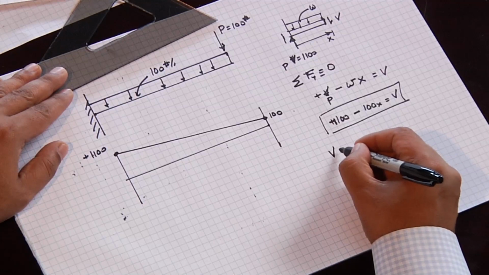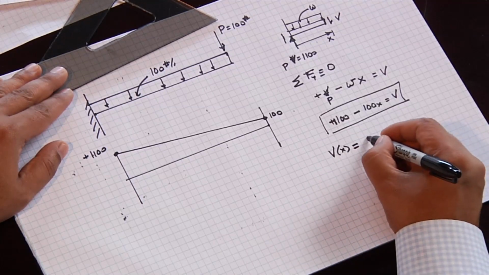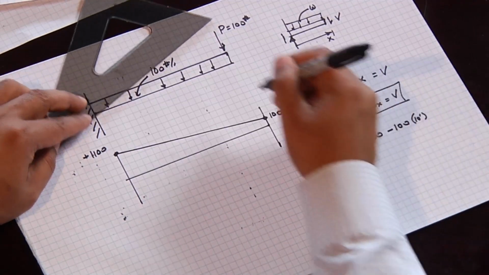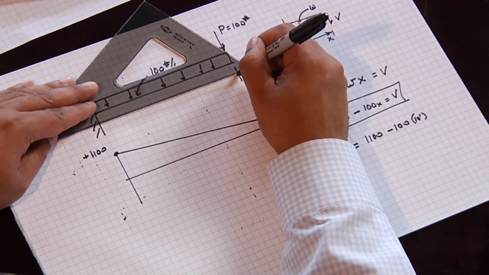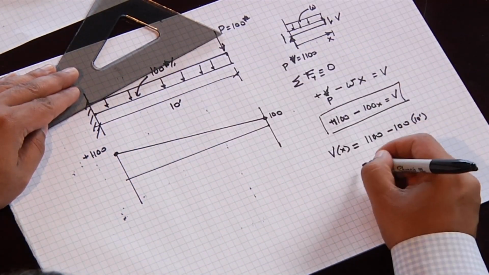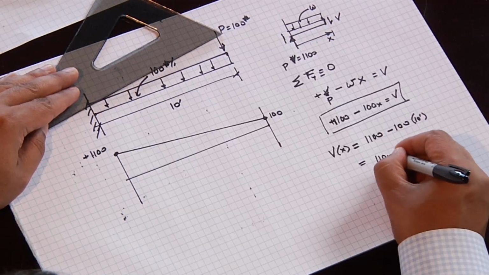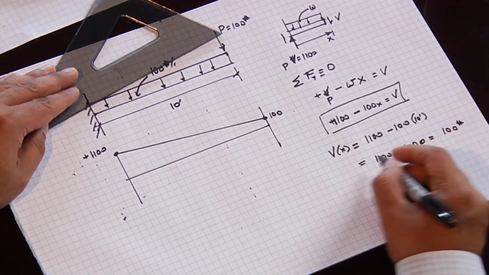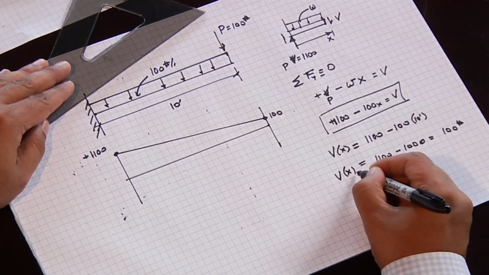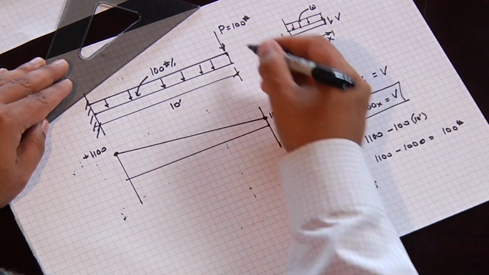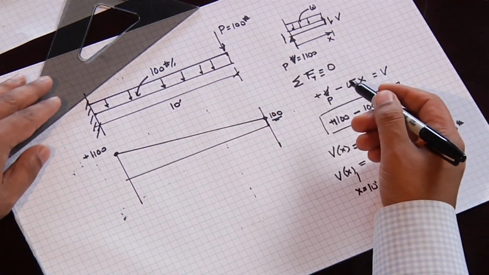And the way we can see that, we can plug in the distance, 1100 minus 100 times 10 feet, which is 1100 minus 1000 equals 100 pounds. That's at X equals 10 feet, and then at this point we have the 100 that then drops it down to 0. And so that's our shear diagram.